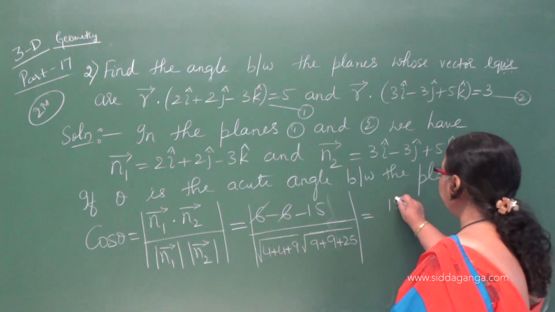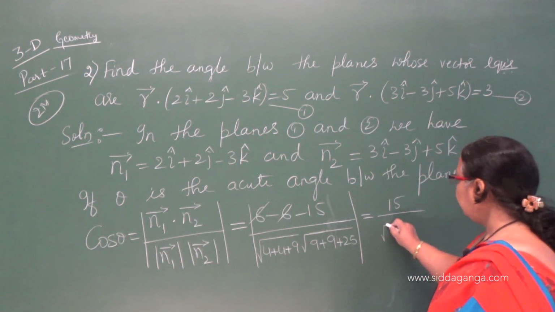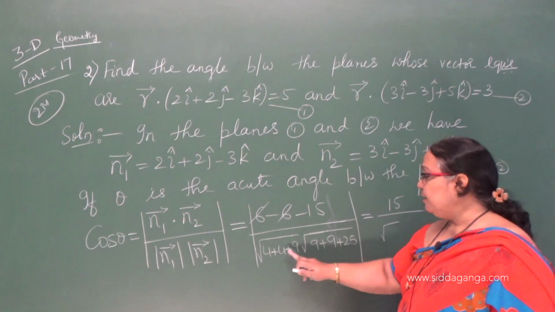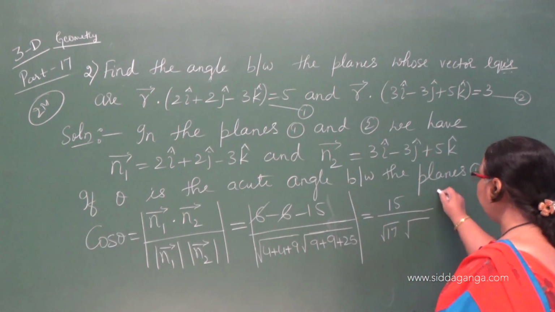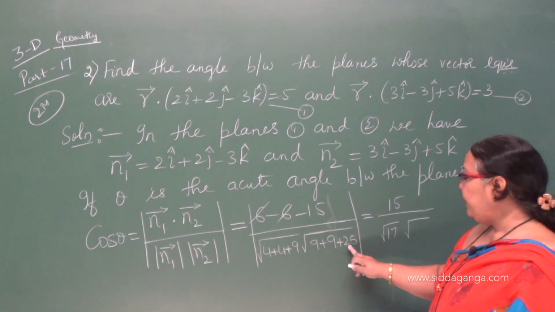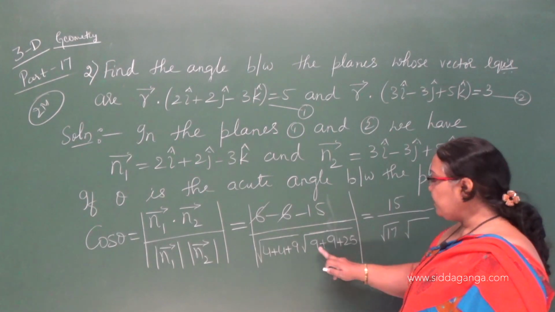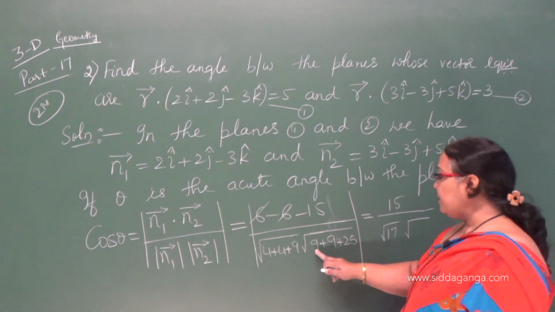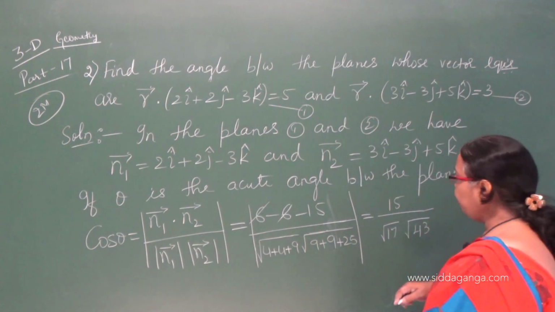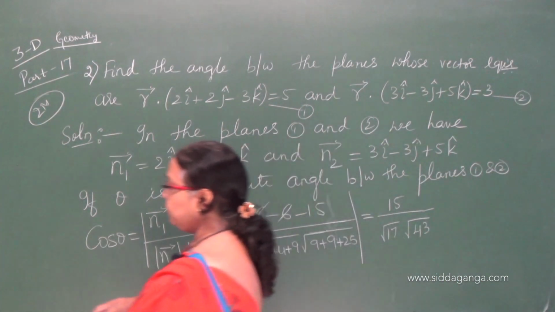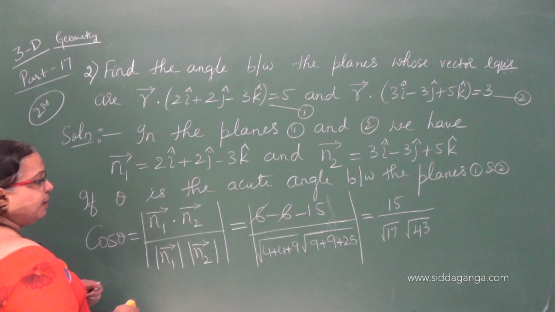Taking modulus, it becomes plus 15 divided by root 17 into root of 25 plus 9, 34, 34 plus 9, that is 43.